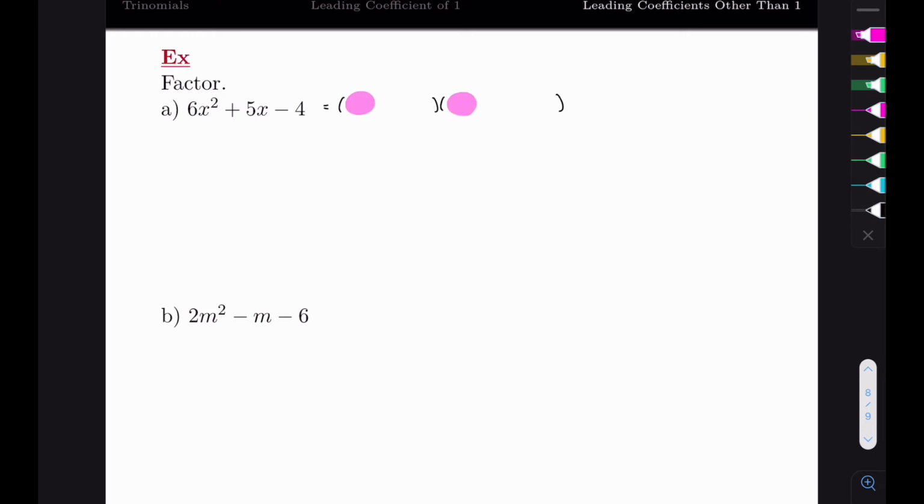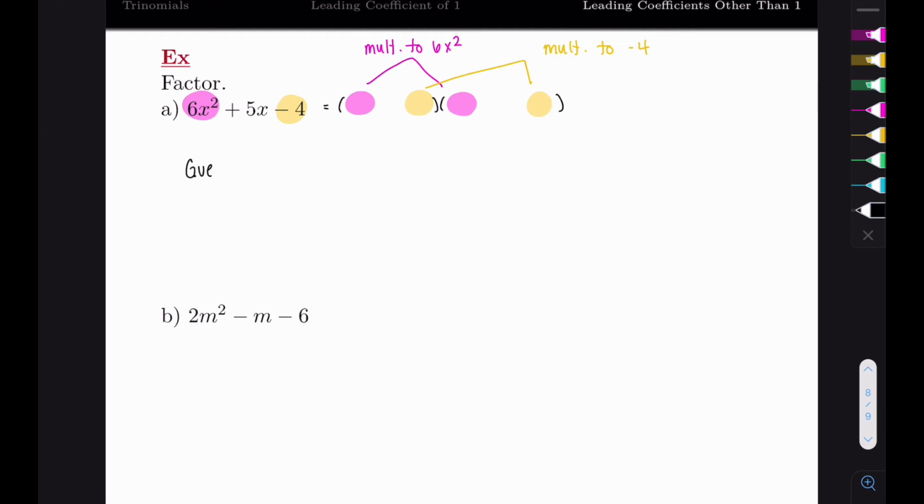The first terms should multiply to 6x squared. And then our last terms should multiply to negative 4. Okay. And so I just want to take some guesses, and then I want to see, do I get the right middle term from that guess?